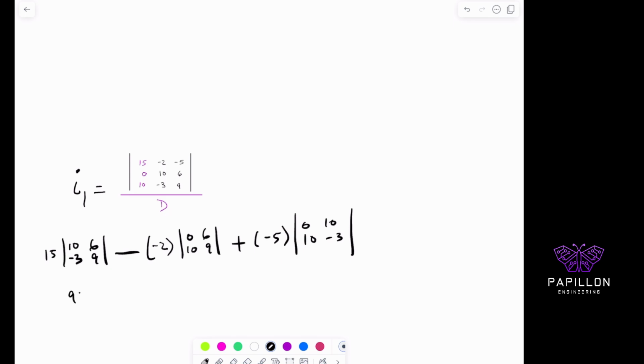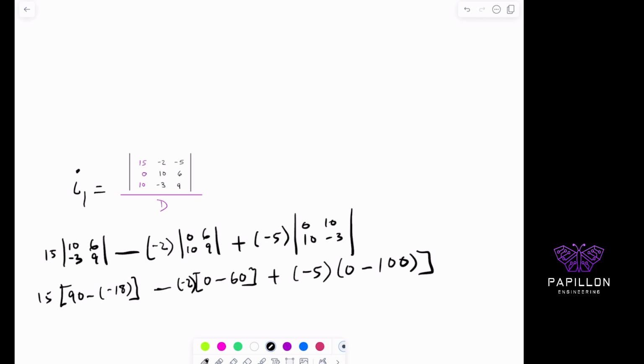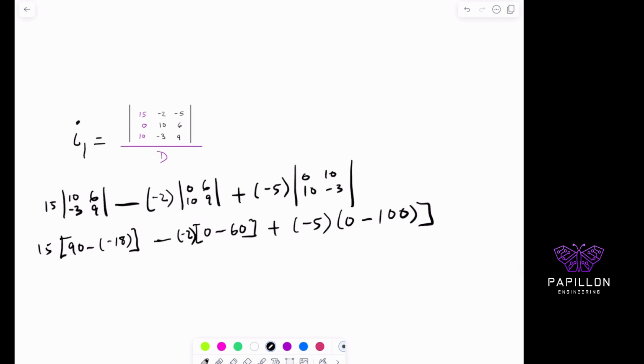And the rest is hopefully just cross multiplication and solving. All right, so that's the quick setup for this. The rest is hopefully algebra.